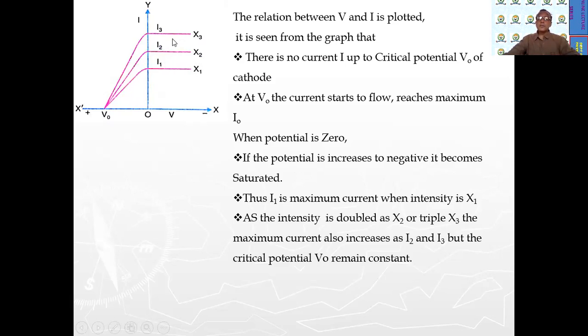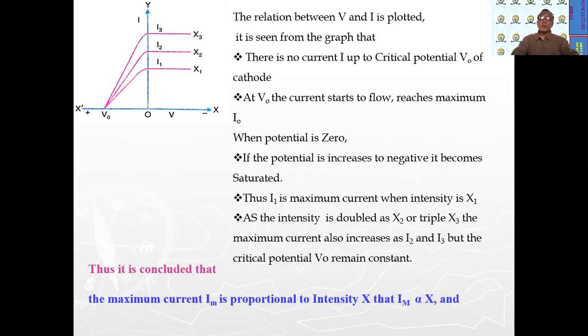That means I1 is the maximum current when the intensity is x1, and as the intensity is doubled or tripled, the maximum current also increases to I2, I3 and so on, but the critical potential V0 remains constant. Therefore, from this discussion and this graph, we conclude that the maximum current, I1, I2, I3, in general called Im, is proportional to the intensity x.